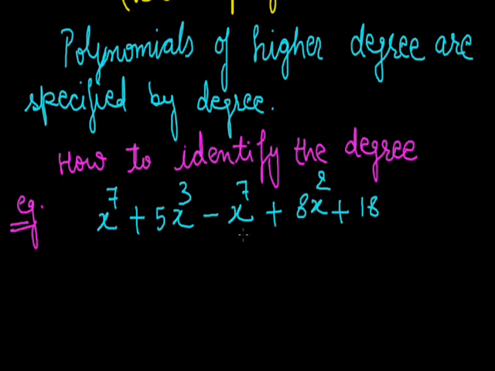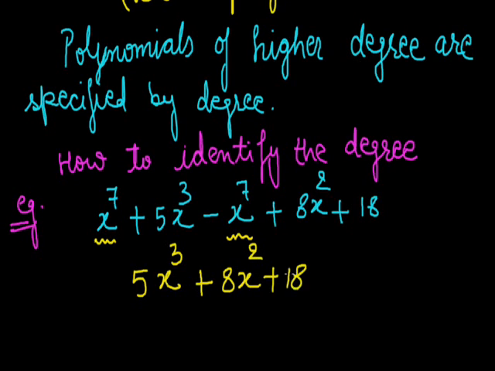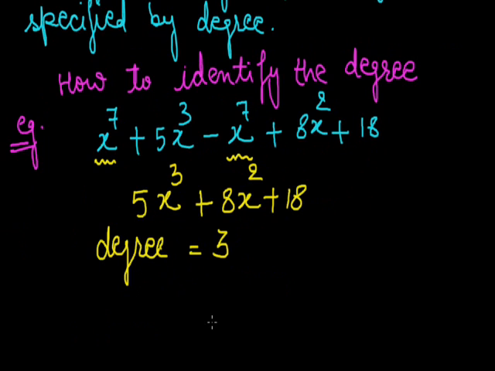Now, at first look, it gives an impression that the polynomial is of degree 7. But when we simplify the expression, the term x raised to 7 is cancelled with the minus x raised to 7, and the resultant expression is only 5x cube plus 8x square plus 18, and hence the degree will be 3. So we must simplify the given expression and then identify the degree.